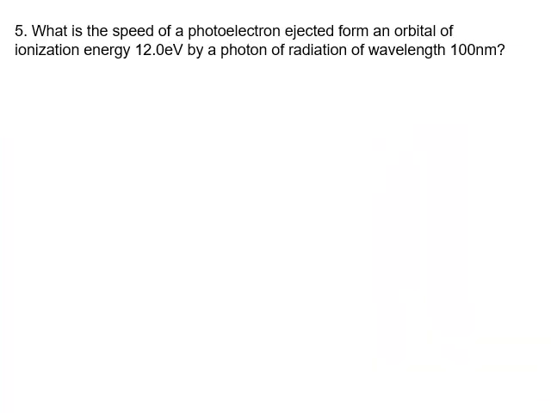Question number 5. What is the speed of a photoelectron ejected from an orbital of ionization energy 12 electron volts by a photon of radiation of wavelength 100 nanometers? So in photoelectron spectroscopy, here is the energy of the incoming photon, which is absorbed by an electron in a molecular orbital, which can be ionized.